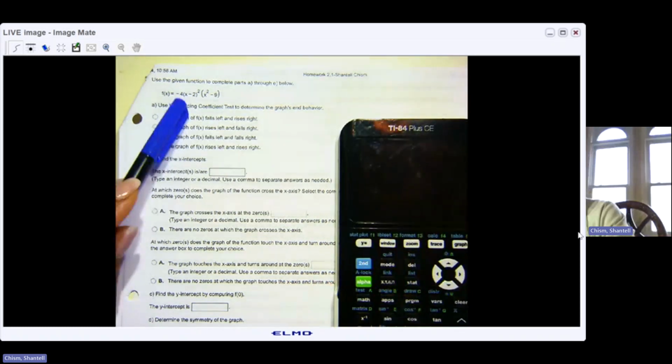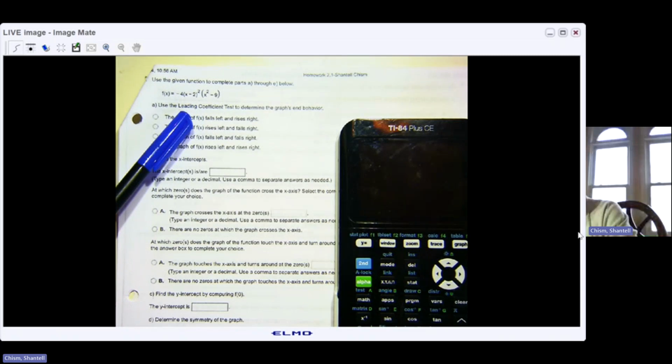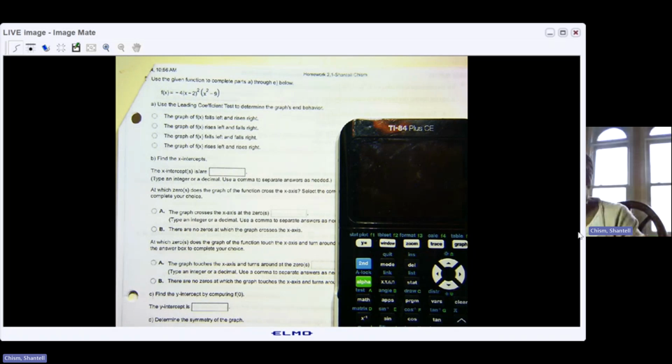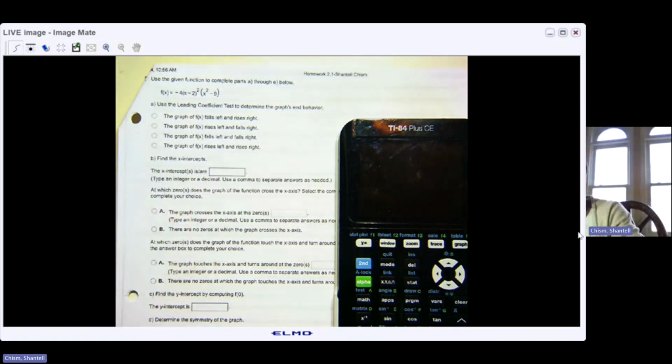First off, this particular function has been factored, so I suggest that you look at the graph, unless you want to multiply it out. Looking at the graph may not be a bad idea on this problem. So I'm going to plug it into my calculator just so that you can see what I mean here.